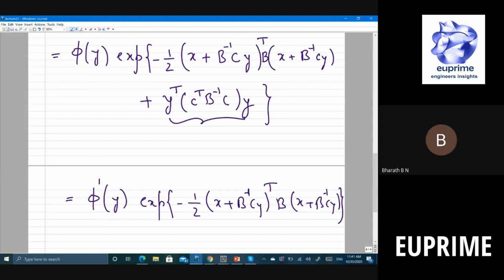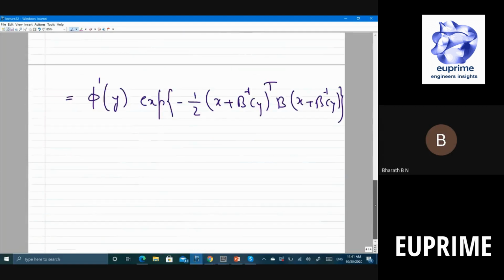Of course there are constants, for example divided by 2 pi power something, all that. I have absorbed that into phi dash of y, so this depends only on y.